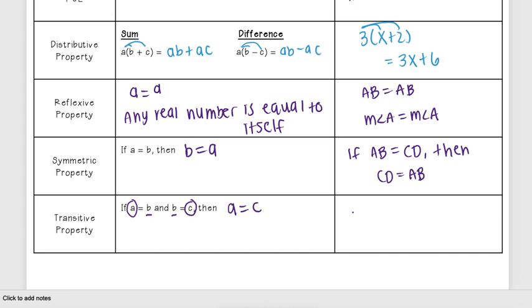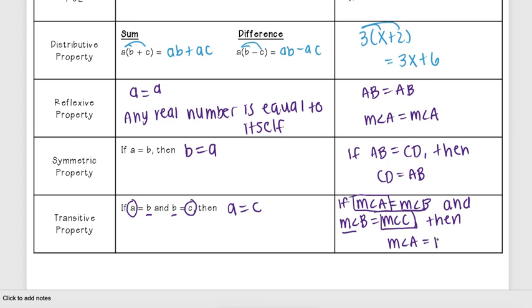So let's say I had if measure of angle A is equal to measure of angle B, and measure of angle B is equal to measure of angle C, then I can conclude that measure of angle A is equal to measure of angle C.